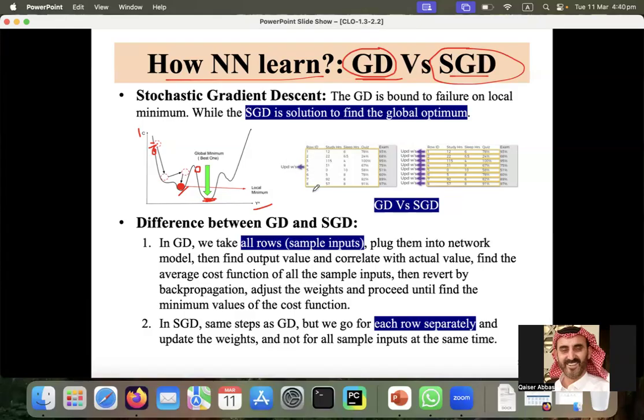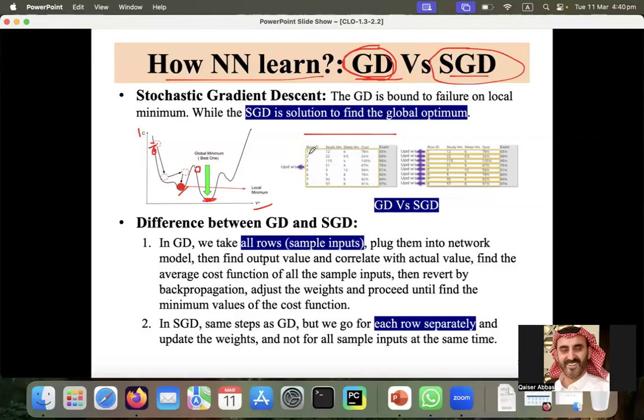The other difference, as you can see from these pictures, is with respect to the data set. You can say this is the data set and you have a number of rows in that data set. If you are using GD, then GD will consider all these rows.